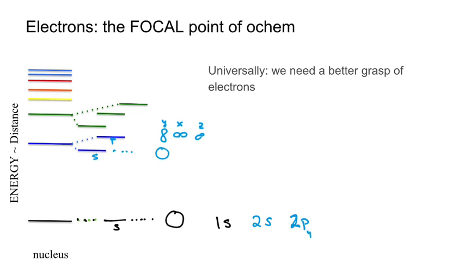I'm going to follow the order I have, 2py, 2px, 2pz. Are we okay having memorized that there's 3 orientations for the p type? Okay. If we're okay with that, we can condense those down into just 2p.